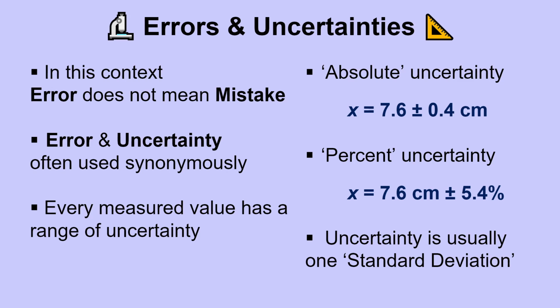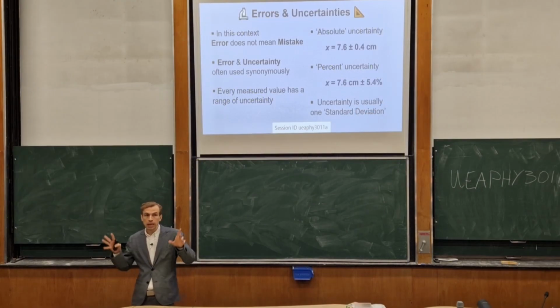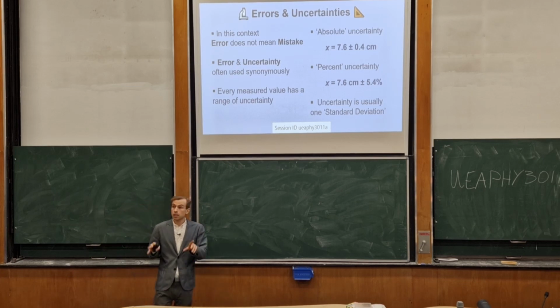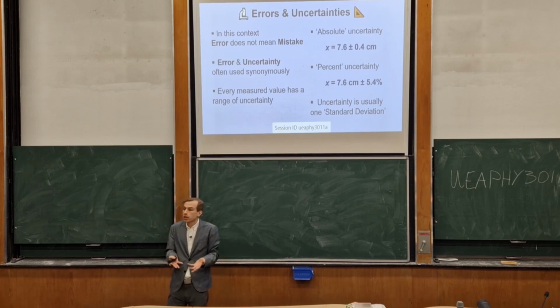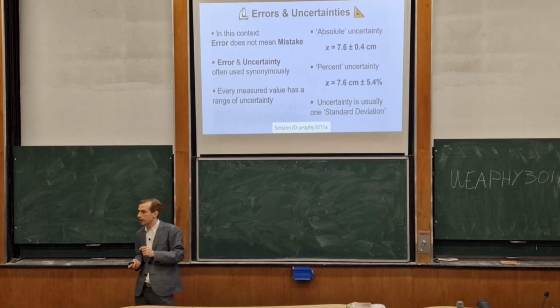It might represent two standard deviation uncertainties. If you haven't done standard deviations before, that's absolutely fine. If you just want to think about this plus or minus bit as the range of uncertainty associated with that value, that's actually a pretty correct way to interpret what that number means.